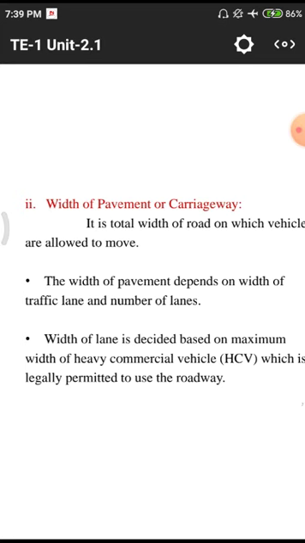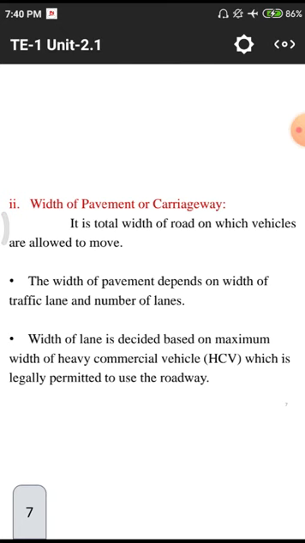The minimum width of a single lane road is 3.5 meters. That means nearly 11 feet for one lane of the road. The next point is that the width of the lane is decided based upon the maximum width of heavy commercial vehicles legally permitted to use the roadway.